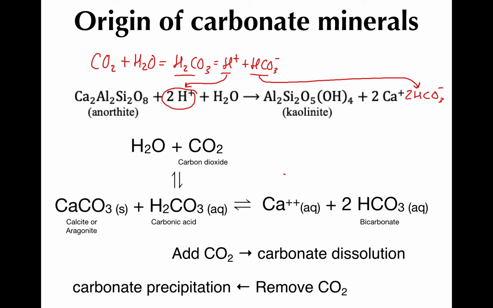And what this tells us then is that most of the water on Earth has at least some amount of calcium and some amount of bicarbonate in it. And those are the raw materials that we need to build carbonate minerals in solution.